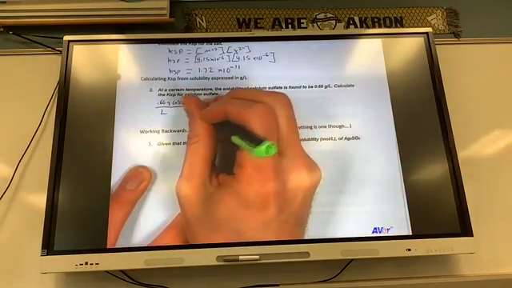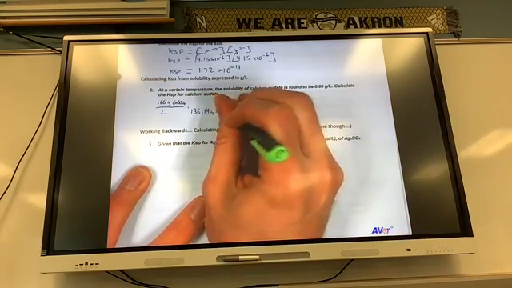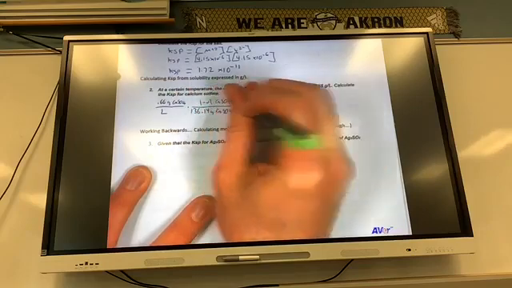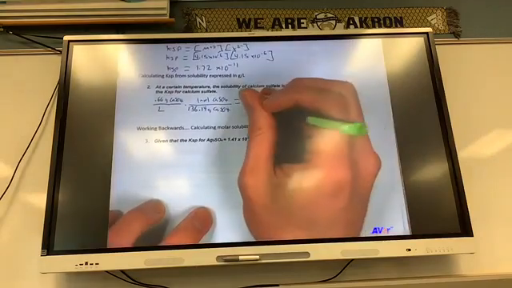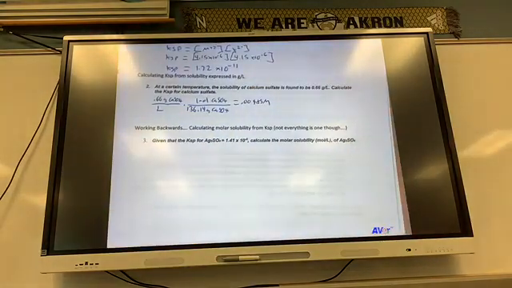I'll just tell you, it's 136.14 grams of CaSO4 for every 1 mole of CaSO4. So that gives me 0.00485 molar. Now I can put that into my KSP expression.